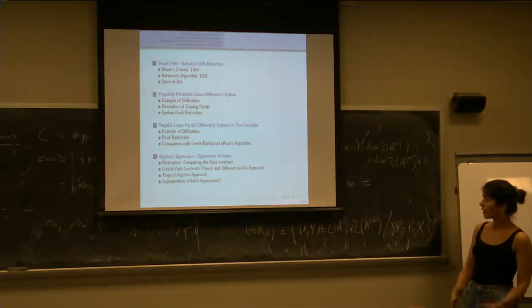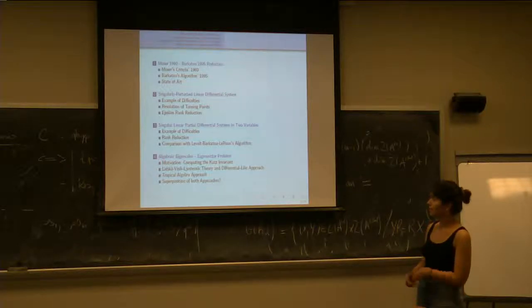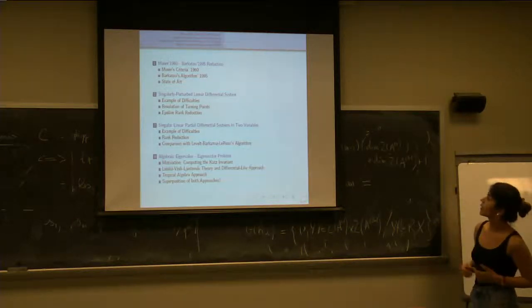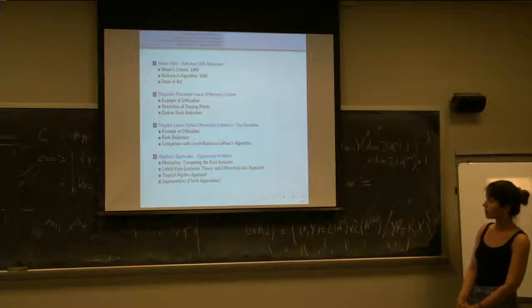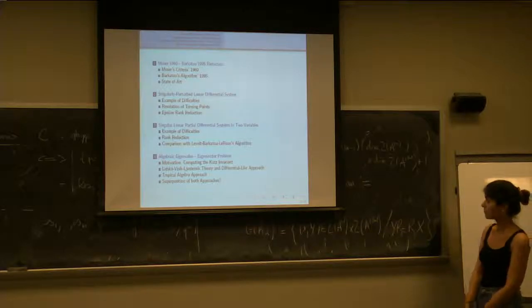And so, as I'm interested in the generalization of this algorithm to bivariate fields, in the first part I will recall the Moser-based algorithm. In the second part, I will talk about its generalization to singularly perturbed linear differential systems, and then in the third, to singular linear partial differential systems in two variables.